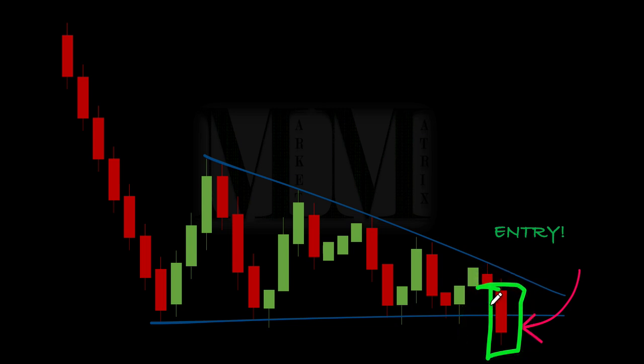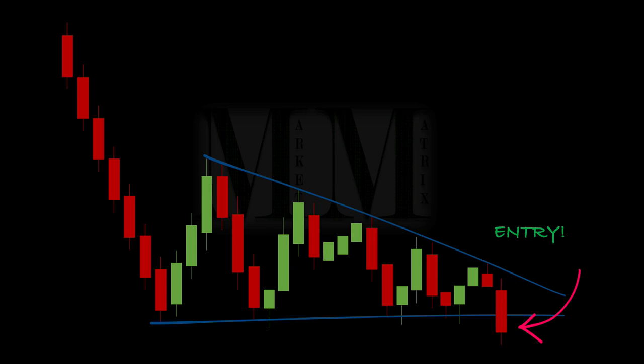Personally, I don't like this because, like I explained in the other video, market makers can see where orders are lined up. If they see a lot of sellers stepping in over here, they can buy it up, because they know a lot of people are willing to sell right here, just to send it back higher.